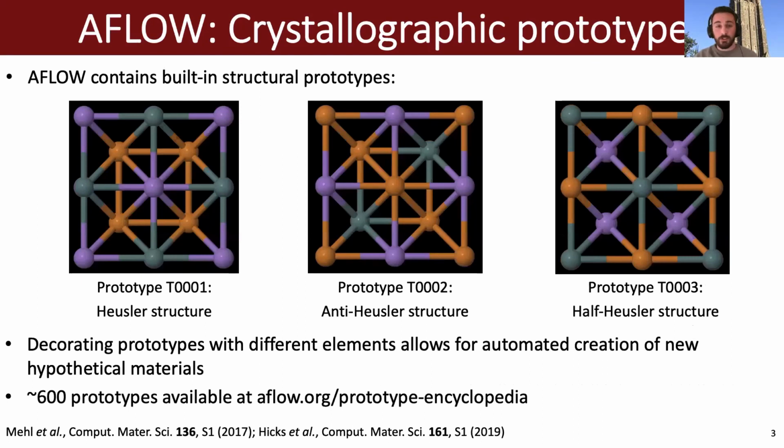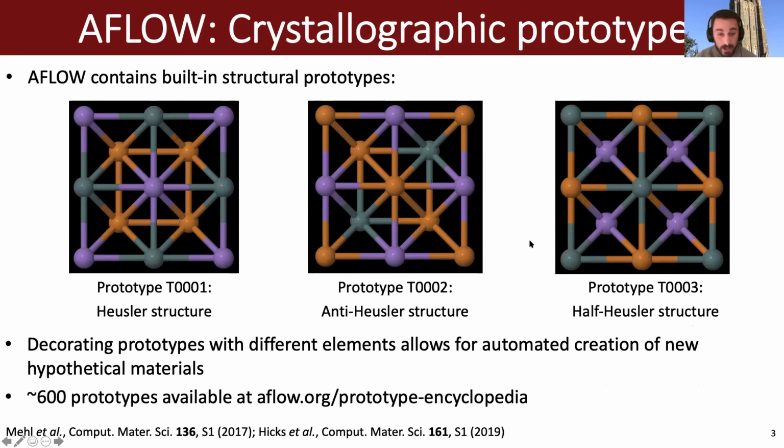And so this is known as the AFLOW Crystallographic Prototype Encyclopedia. And so AFLOW contains built-in structural prototypes. So for example, the Heusler structure, anti-Heusler, half-Heusler, and many common structure types that you're probably familiar with.